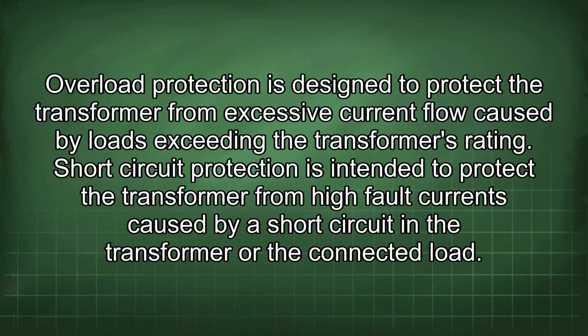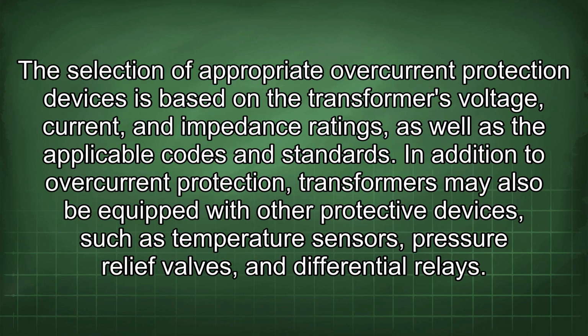Overload protection is designed to protect the transformer from excessive current flow caused by loads exceeding the transformer's rating. Short circuit protection is intended to protect the transformer from high fault currents caused by a short circuit in the transformer or the connected load. The selection of appropriate overcurrent protection devices is based on the transformer's voltage, current, and impedance ratings, as well as the applicable codes and standards.